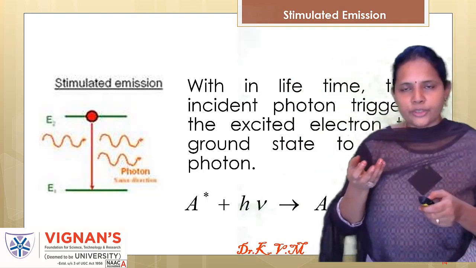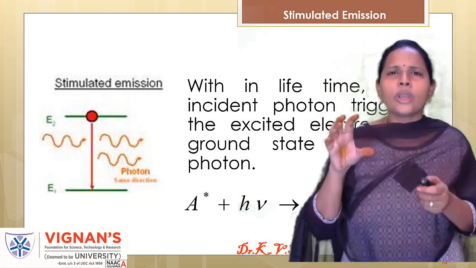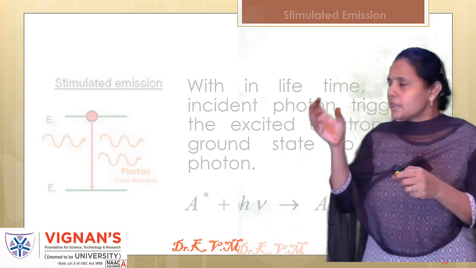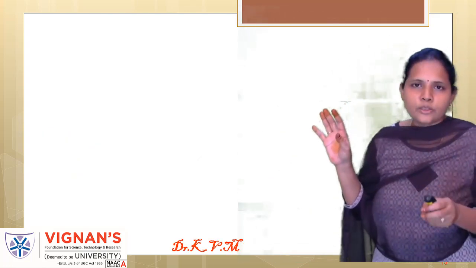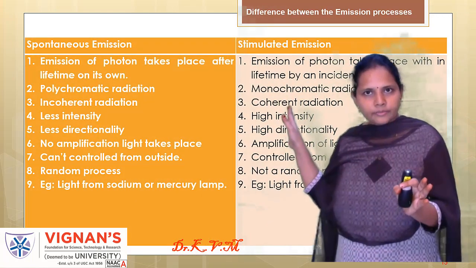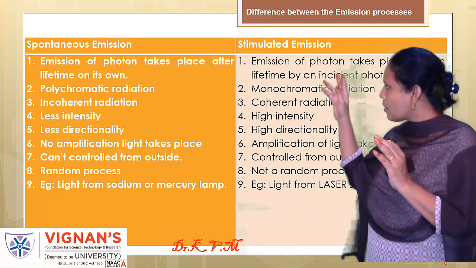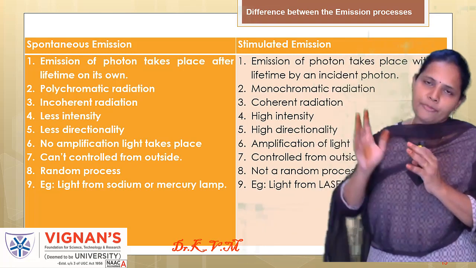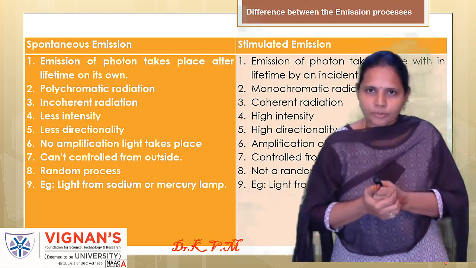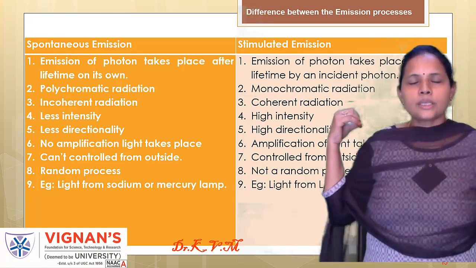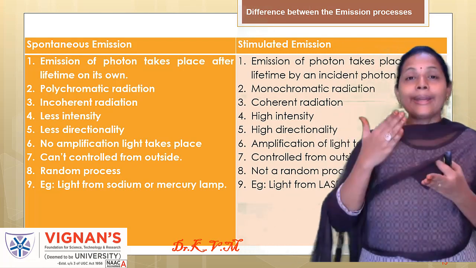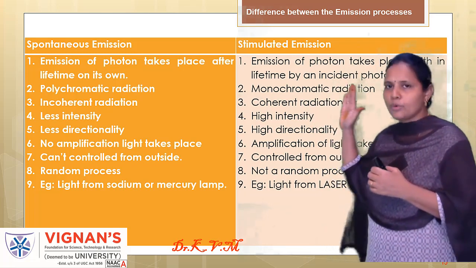By knowing these definitions, let us consolidate the two emission processes and the difference between them. The first difference is that in stimulated emission, the emitted photons are coherent. Hence, we can use this coherent radiation for the amplification process. And when you are using this in the amplification process, it releases high intensity, high directionality, and the process can be controlled from the outside.